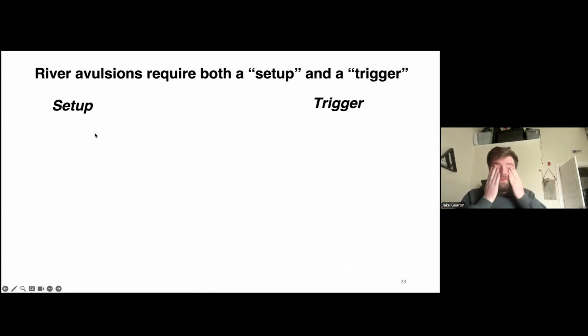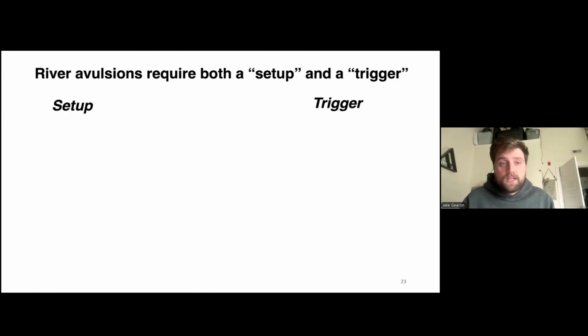And both of these get at something called the setup of river avulsion, right? So these two ideas for why avulsions may initiate get at this thing called the setup, because generally people, meaning folks that work in avulsion research, think that river avulsions need two things to happen.